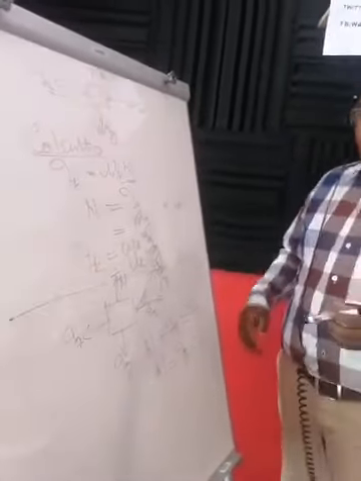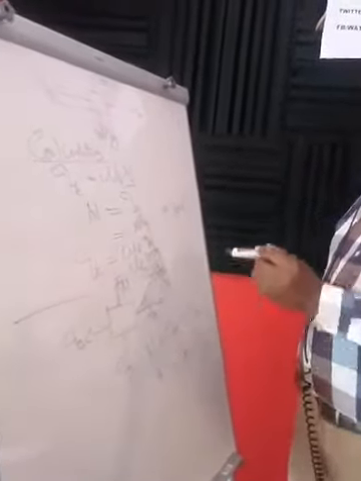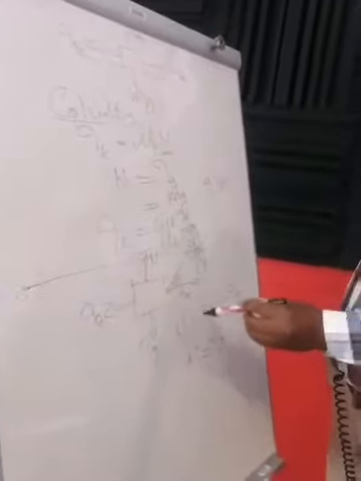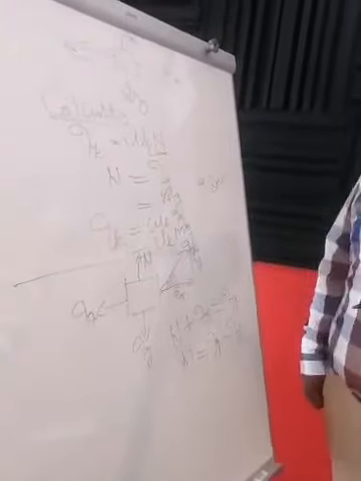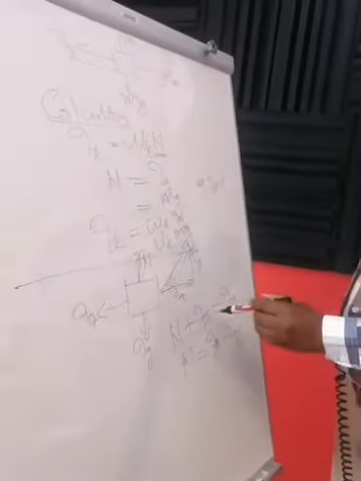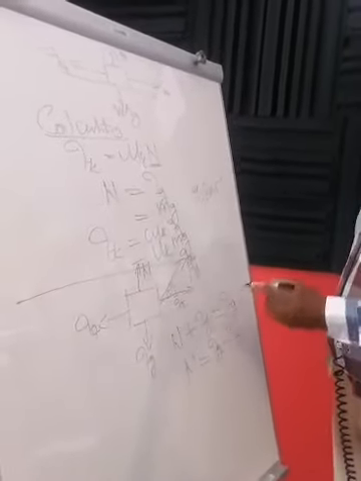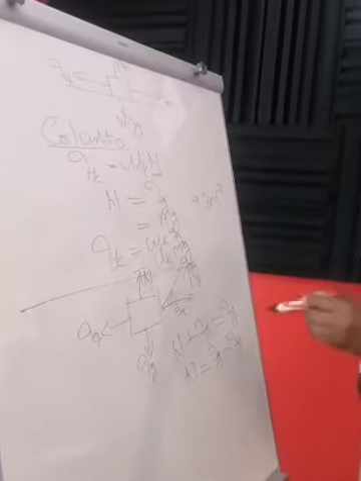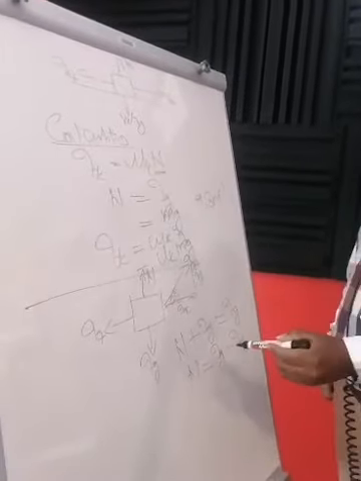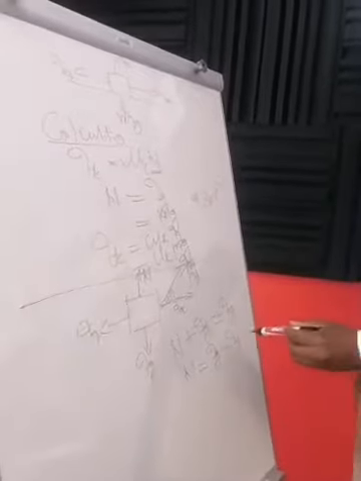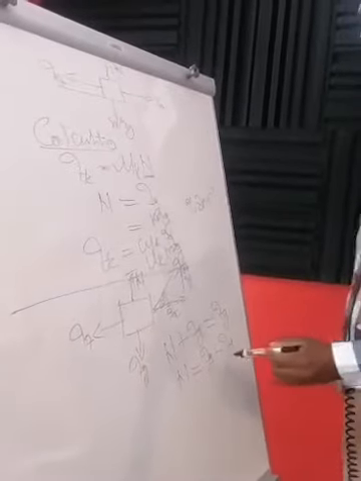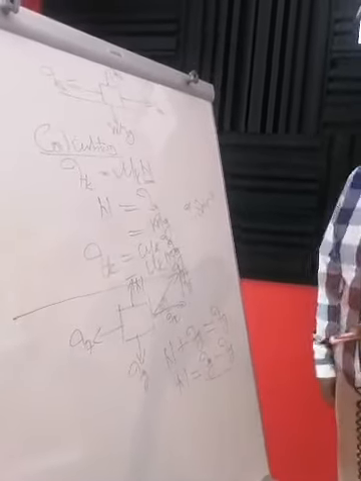From the first equation, normal force plus Fy is equal to Fg. To make the normal force the subject of the formula, we take the Fy to the other side of the equal sign, and that gives us normal force equal to Fg minus Fy. That is how we can calculate the magnitude of the normal force.